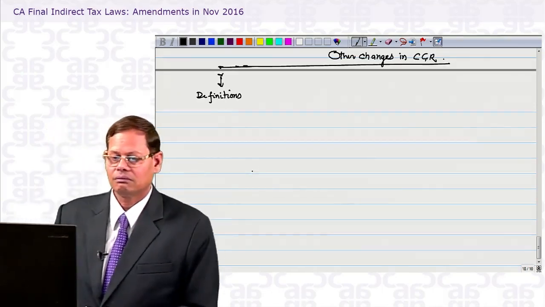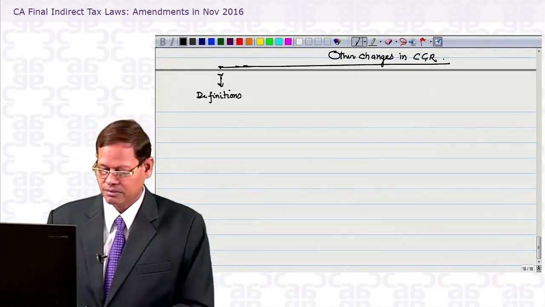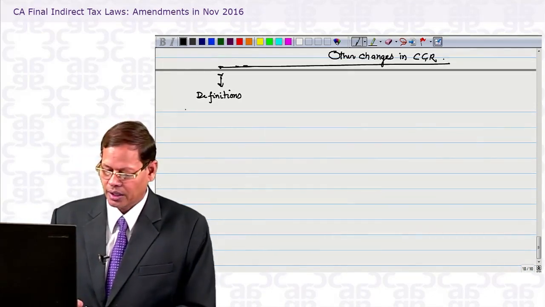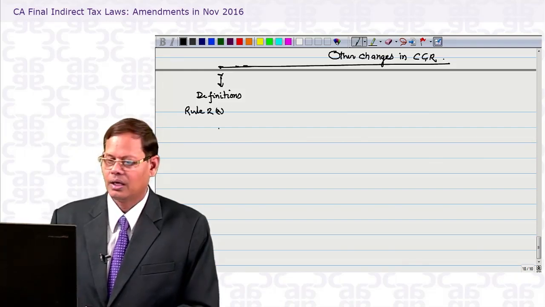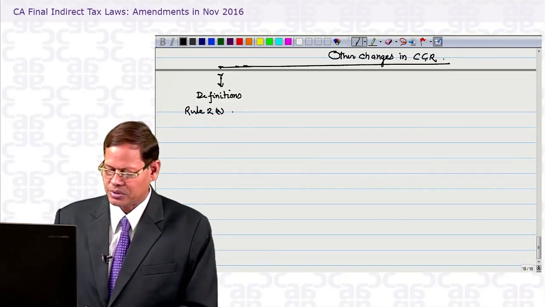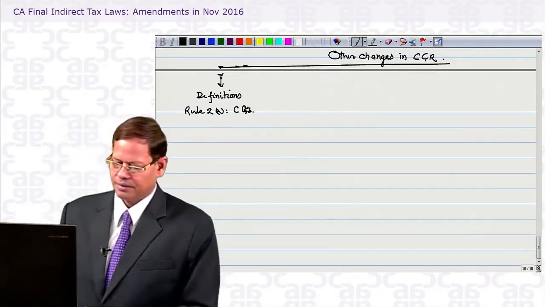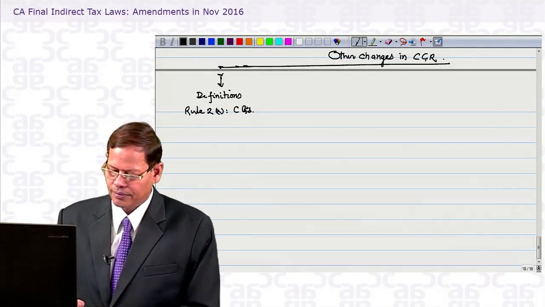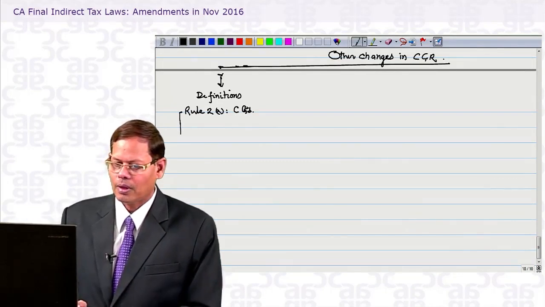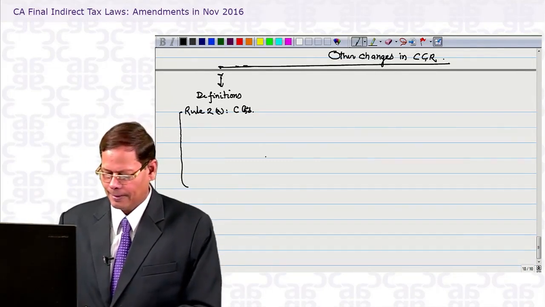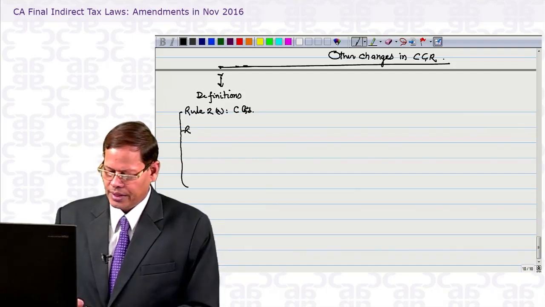Of course, I need not tell you, very important. Rule 2A is about capital goods. What are the changes? And then rule 2K, inputs.